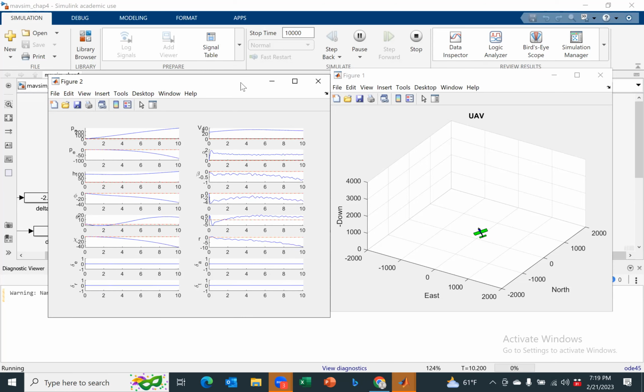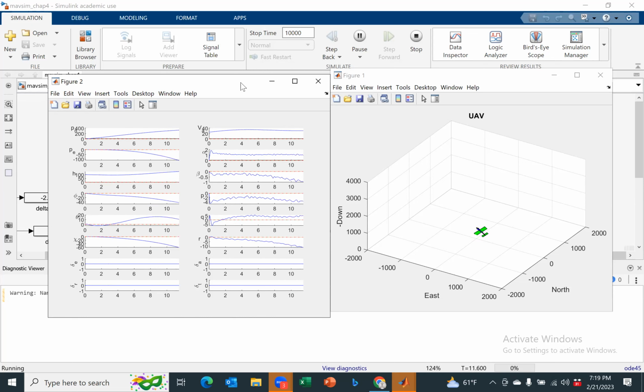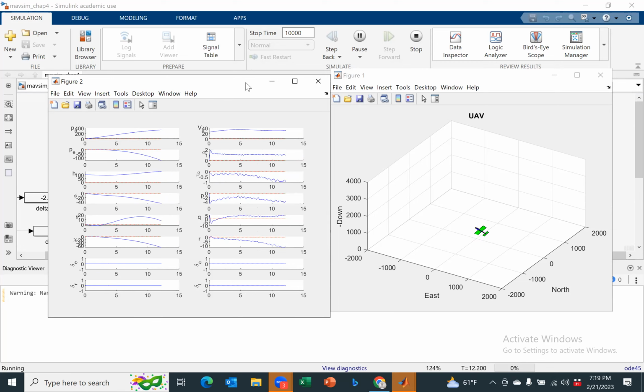I wanted to fly this with a joystick. I already got the joystick, but I couldn't finish the code.